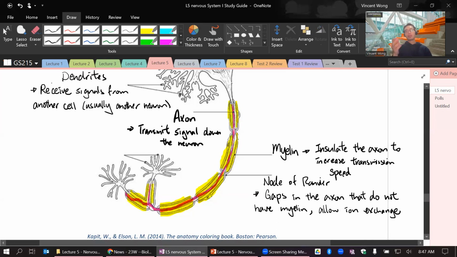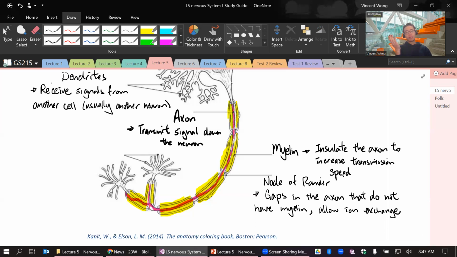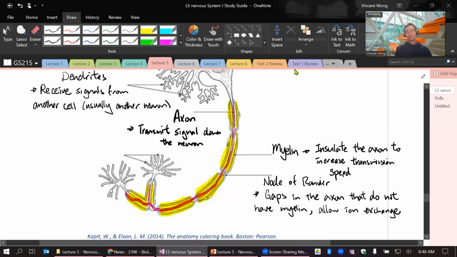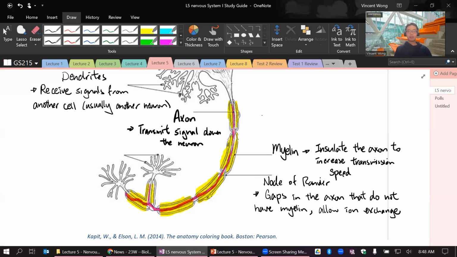Last unit, we talked about autoimmune diseases, right? And I briefly mentioned multiple sclerosis. In multiple sclerosis, your immune system attacks the cells that make the myelin. And so eventually the neuron is going to lose the myelin. And once that happens, signals will not be able to get passed down the neurons.